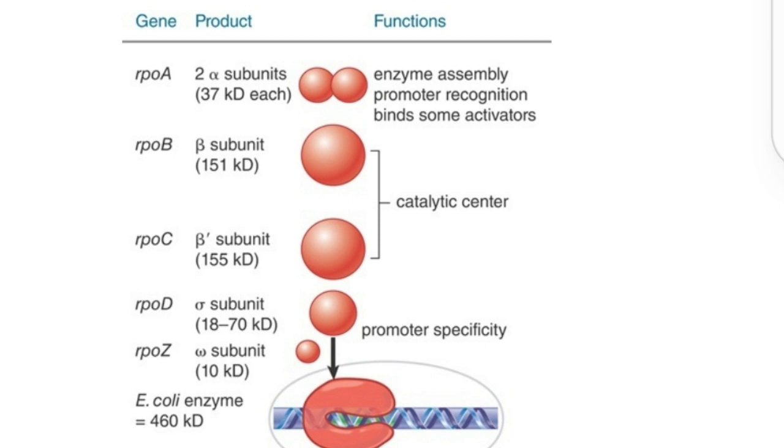So the beta and beta prime subunits together make the RNA catalytic site and make up most of the enzyme by mass. The amino acid sequence and the 3-dimensional structure are conserved with the larger subunits of the RNA polymerase from all 3 domains of life: bacteria, archaea, and eukaryotes.